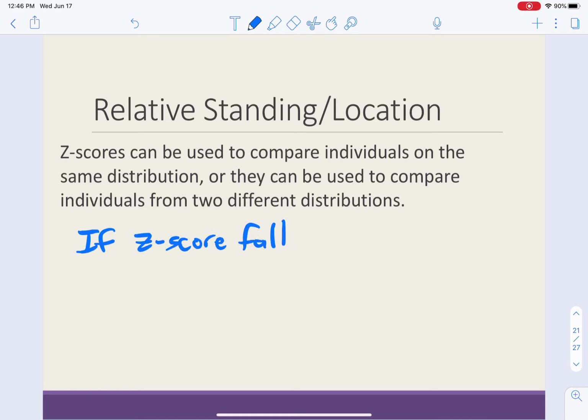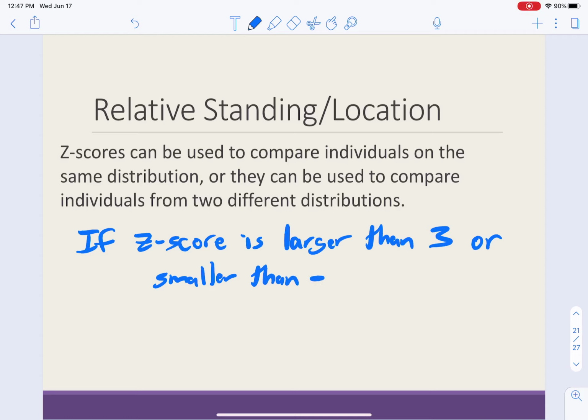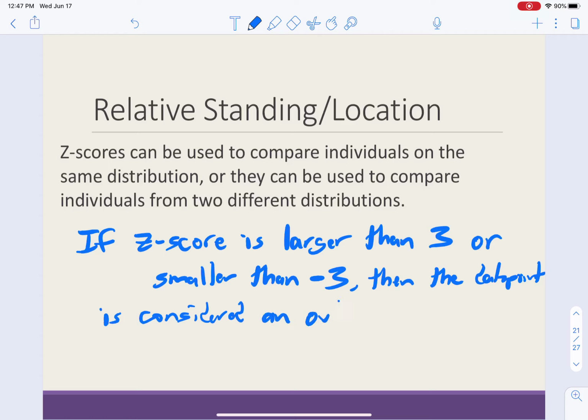If a z-score is larger than 3 or smaller than -3, then the data point, whatever we're looking at, is considered an outlier.